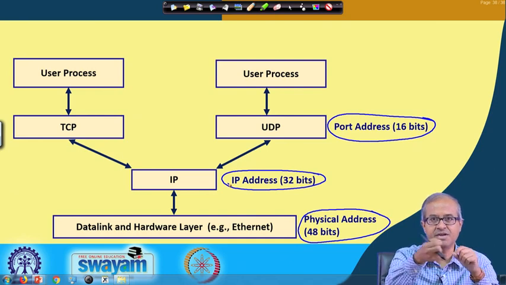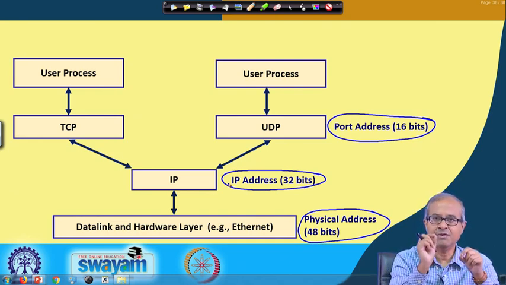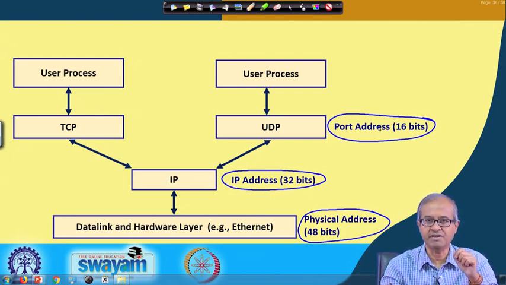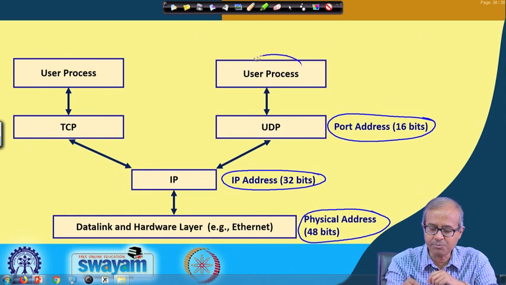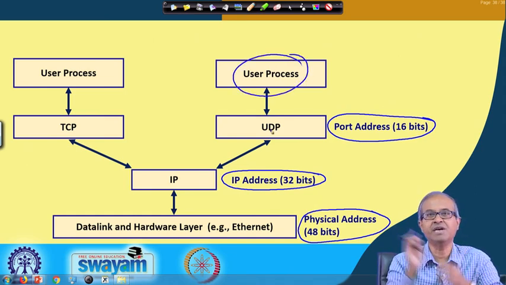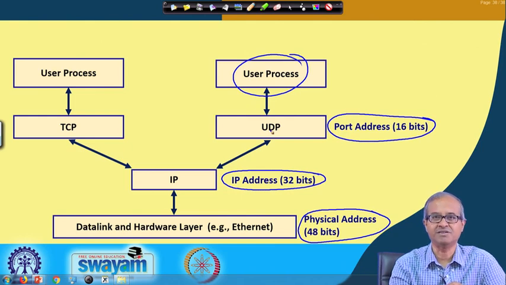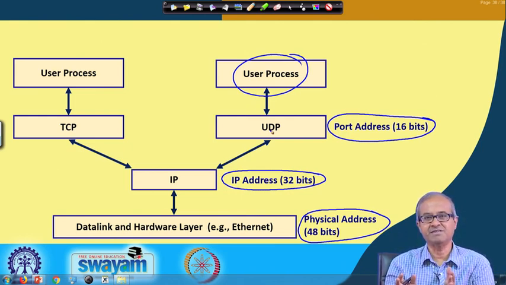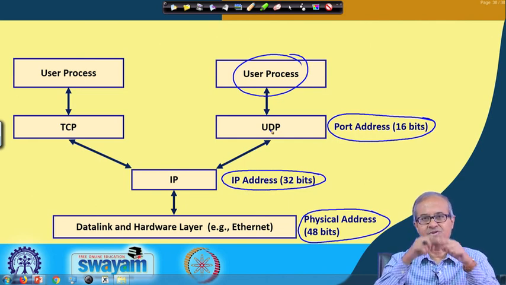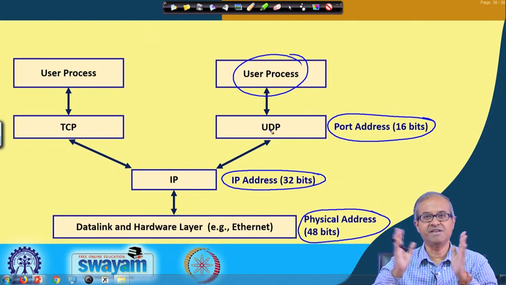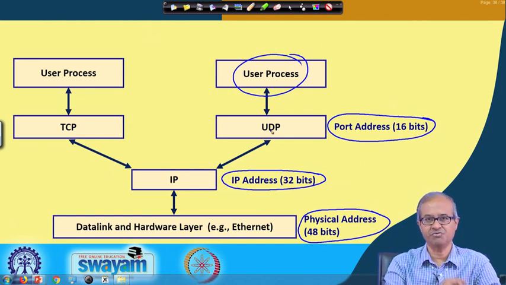Every connection to the internet, to the router, to the network has to have a unique IP address. Port number or port address, every user process running on a computer must have a unique port address. These are the different levels of uniqueness that are maintained, so that process to process communication becomes very unambiguous and unique. Okay.